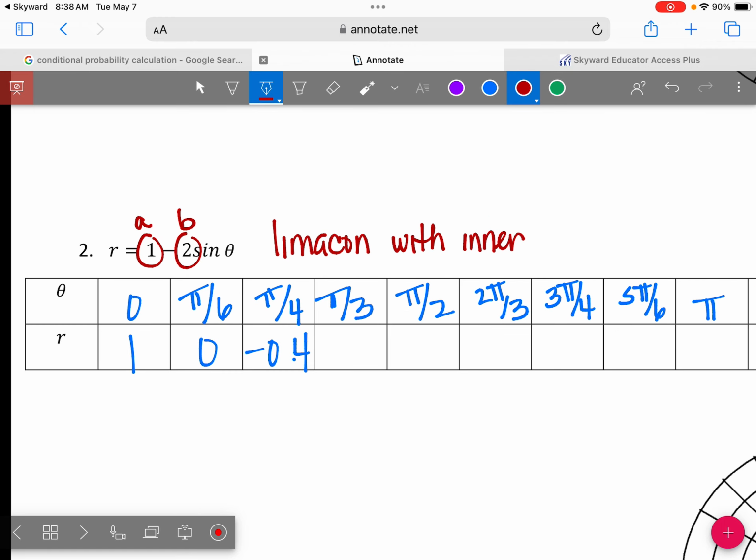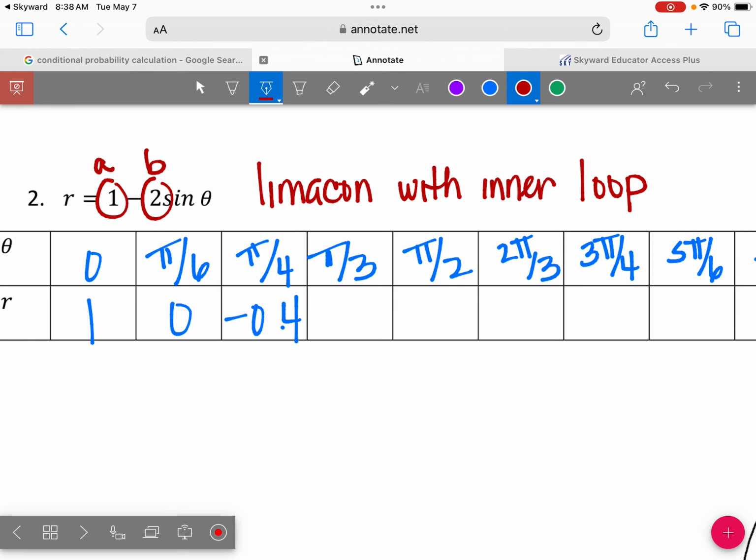So it's to your advantage to know what it should look like. When you're doing it, if it's not looking that way, you need to add more points or adjust accordingly. That's a pi over 3, by the way. Let me fix that. All right, I'm going to give you these values and give you a minute to graph them to the best of your ability.